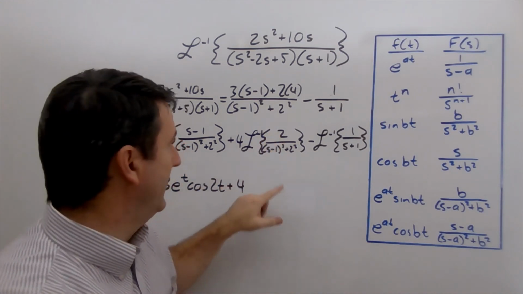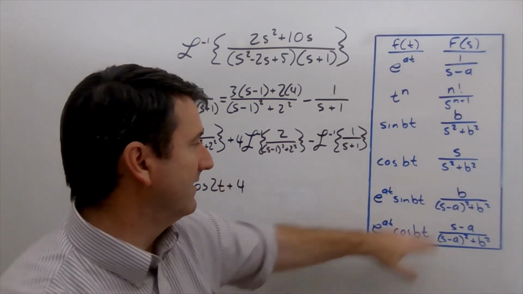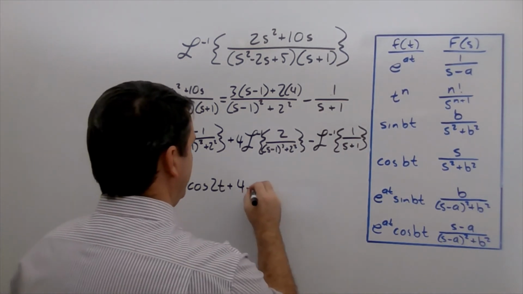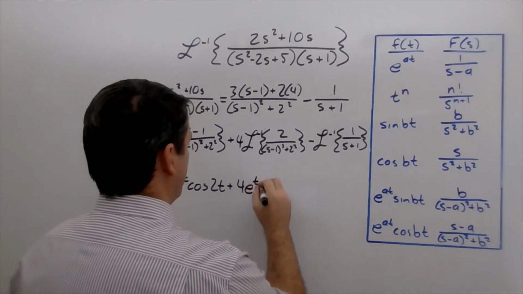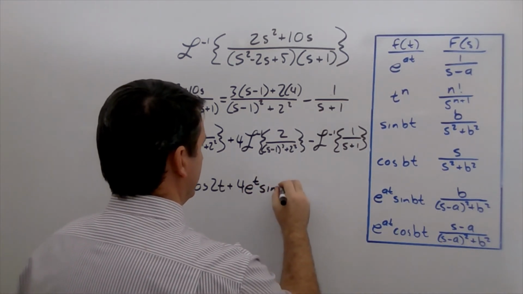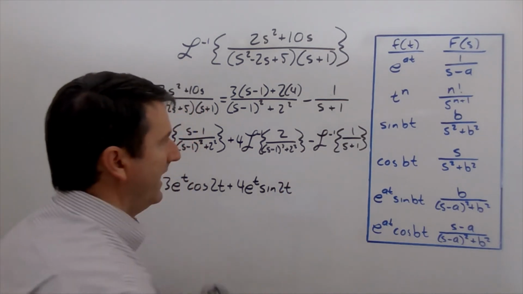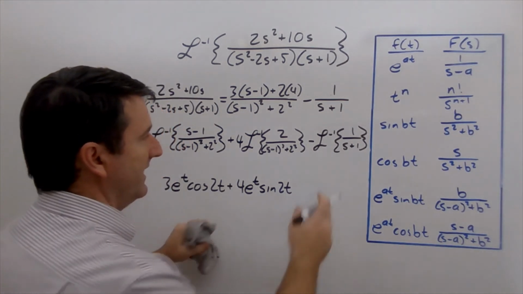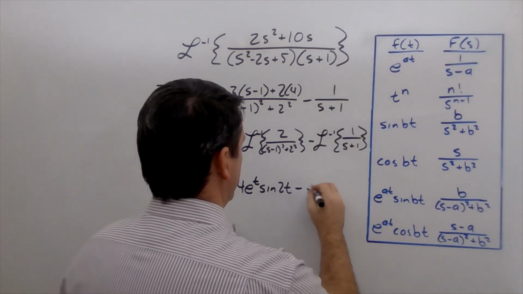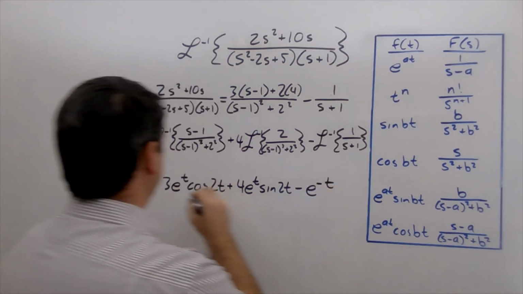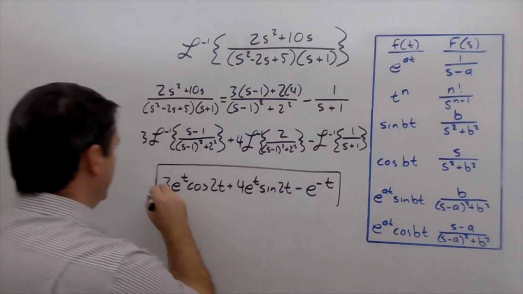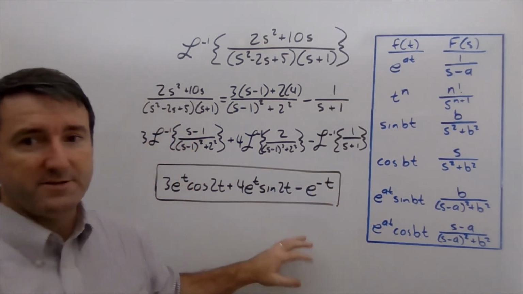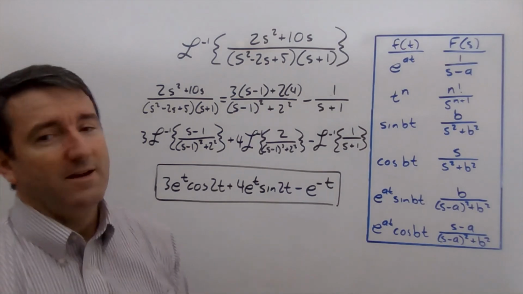That's our b, and our a is 1. This is in our sine function. So this is going to be e to the 1t times the sine of 2t. And over here, this is just our e to the at with an a of -1. So minus e to the -t. And there is our inverse Laplace transform for this function of s.